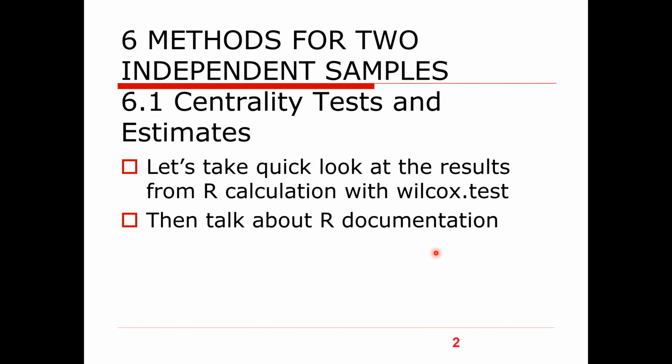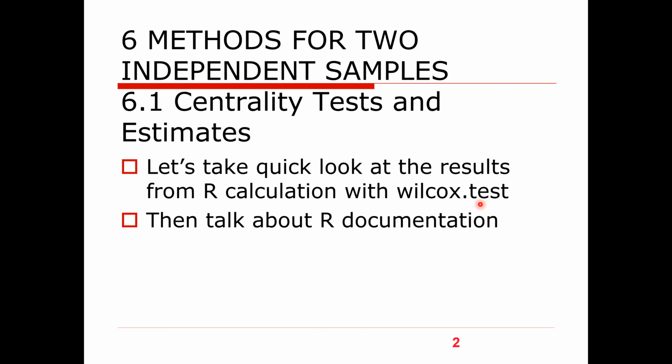Okay. So we have learned the statistical testing methods for single samples and paired samples. We have discussed that some methods can be extended to deal with two samples. Now let's learn those two sample problems and methods. For two samples, the things we test are similar to single sample or paired sample.